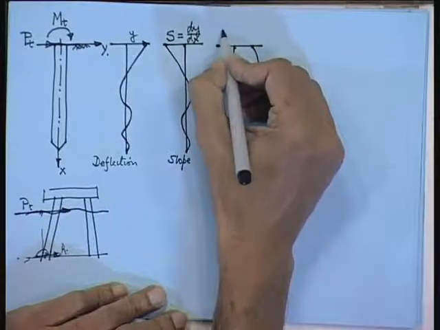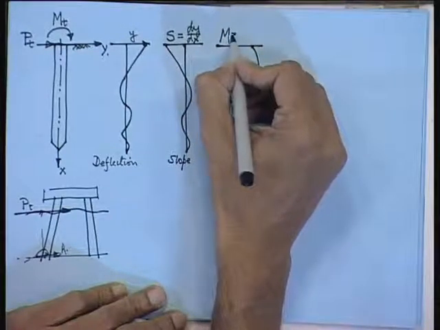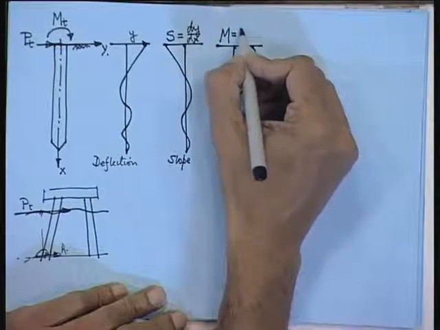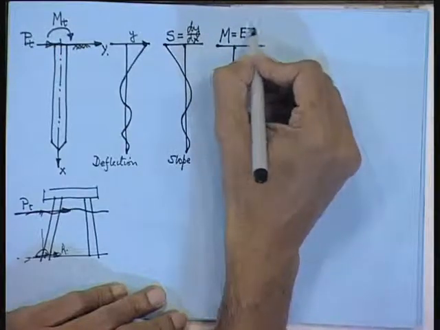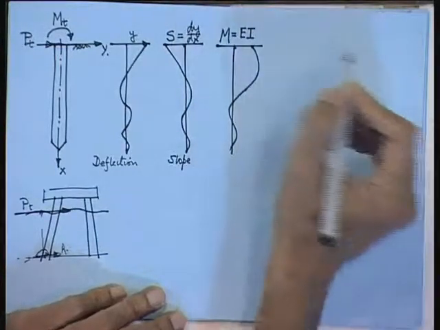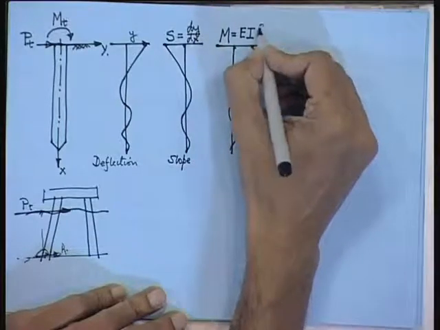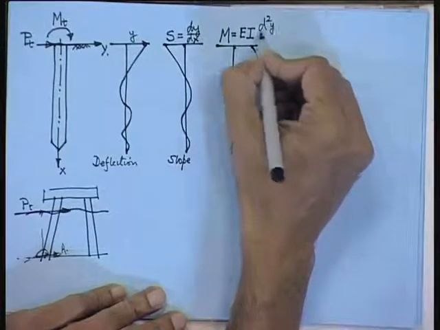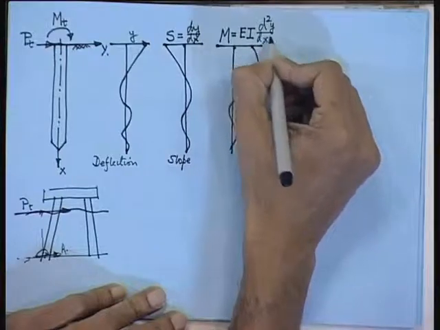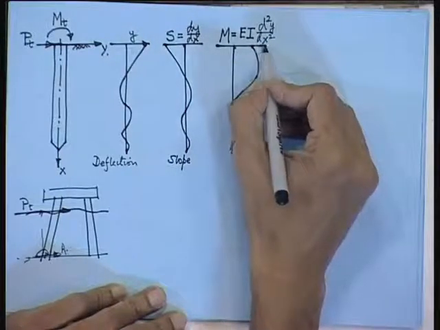So the bending moment equation. Now here you find this rigidity modulus coming into your calculation. So this EI, what is the formula? You remember this?